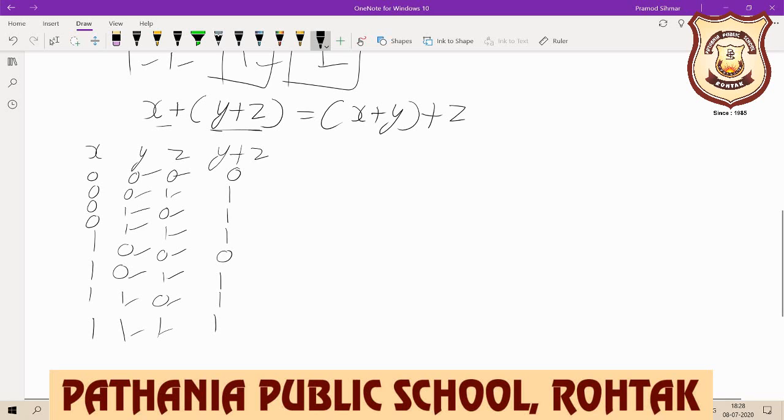Clear everyone? Now we find out first this side, x plus (y plus z), solve bracket, x plus y. 0 plus 0, 0, 0 plus again 0, 0, 0 plus 1, 1, 0 plus 1, 1, 1 plus 0, 1, 1 plus 0, 1, 1 plus 1, 1, 1 plus 1, 1.